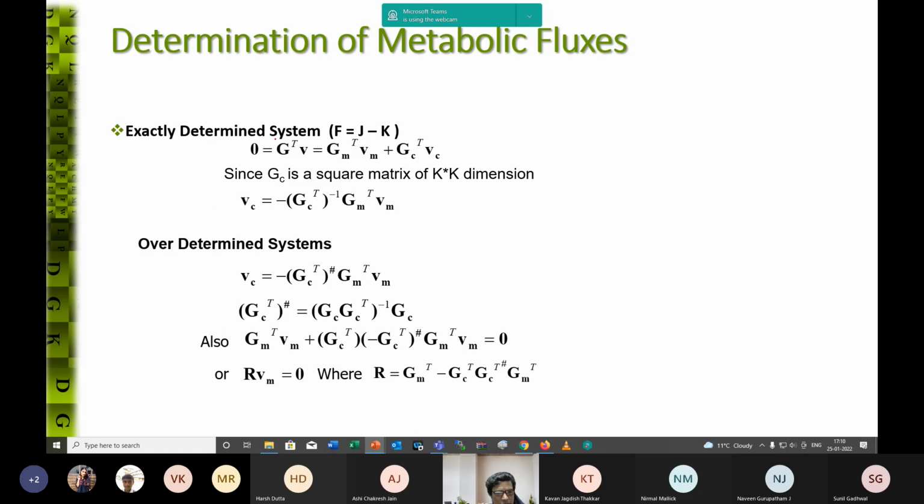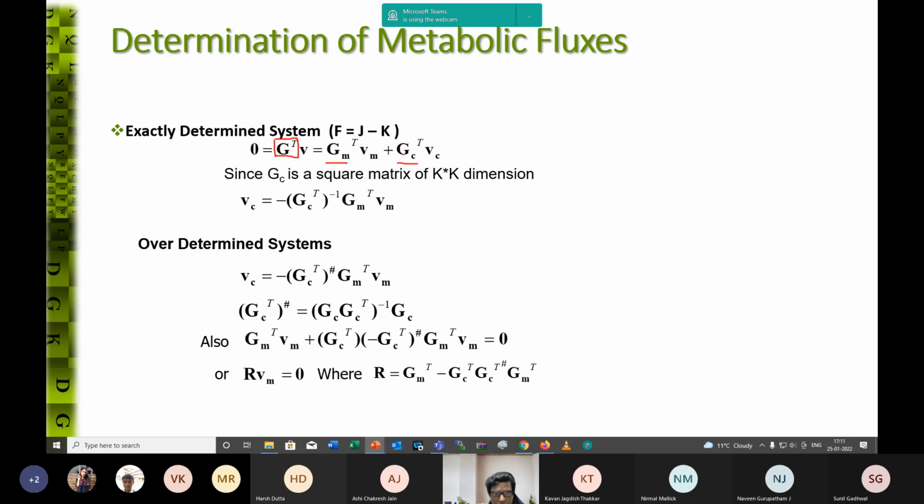If we break it up in two parts, the first part is the measured components, and the second part is the calculated components. M, the subscript, is for measured, and C is for calculated. What we're assuming is that part of the variables we can't measure, and part of them we can measure.